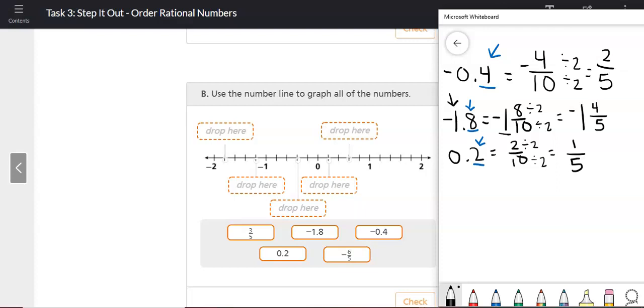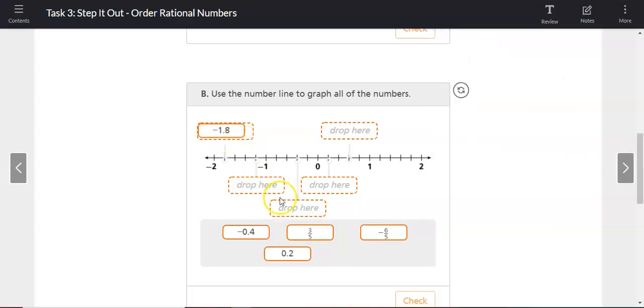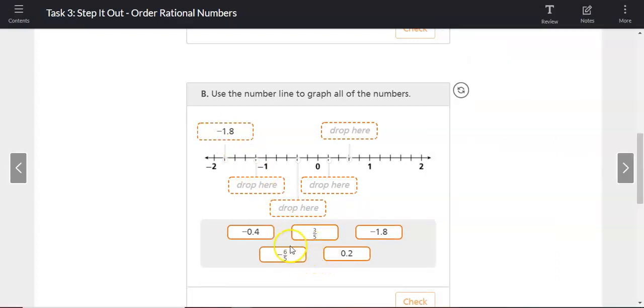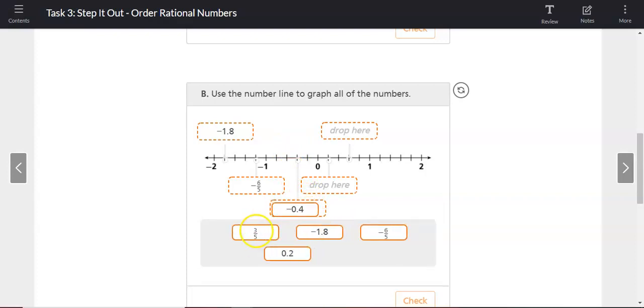So we know it has to be something over 1 that goes all the way out over here. So -1, then 2, 4, 6, 8, 10. -1.1. And we know this one's -1.8, so we're going to bring this one up here. And the only other one that would be over 1 would be this guy right there. So we use this negative and this negative. This is the only negative left.